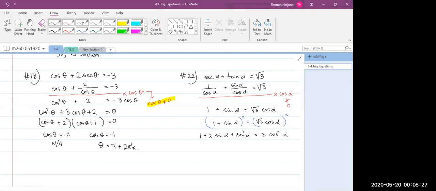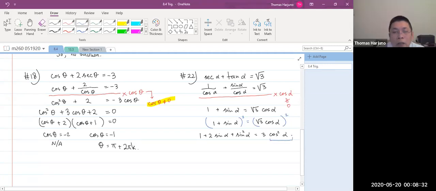The cosine squared, that's right, because I can rewrite that in terms of sine. So this is 1 plus 2 sine alpha plus sine squared alpha equals 3 times 1 minus sine squared alpha.